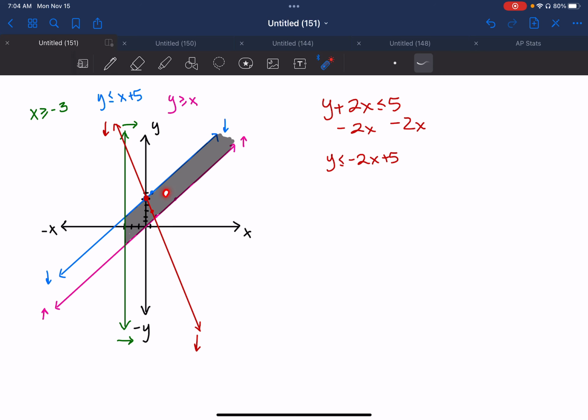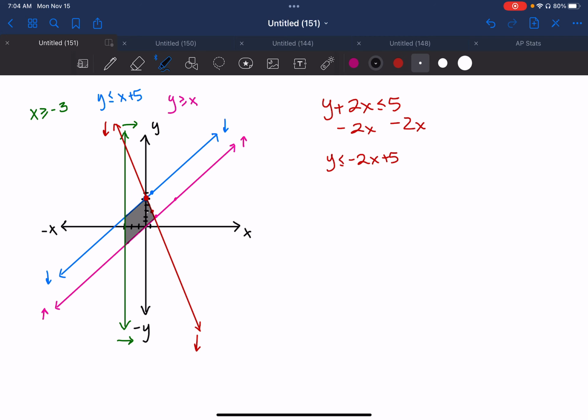So are the points over here? So is this point below this point? No, it's above it, which means this region here is false. So clear that out, get our highlighter back in here, and now we have this shaded region here.